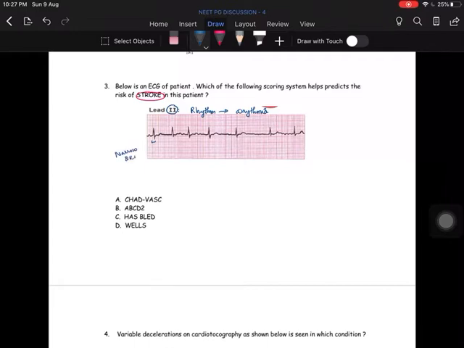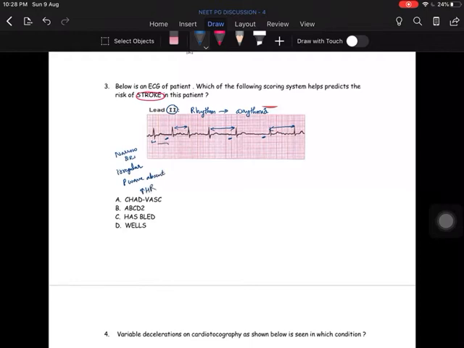You have irregular QRS complexes. You do not have a particular P wave, so P wave absent, and tachycardia.